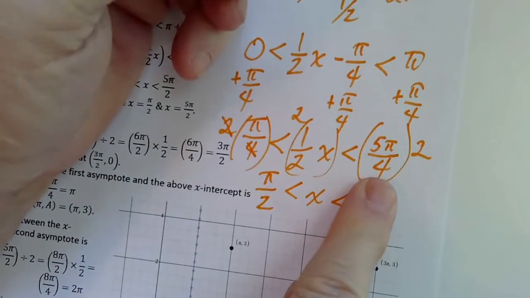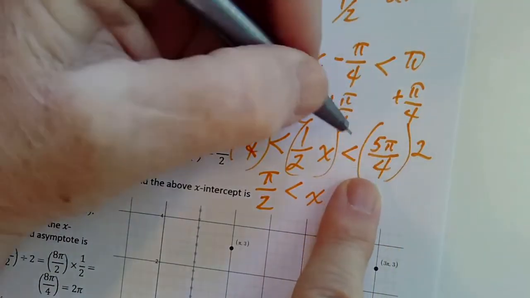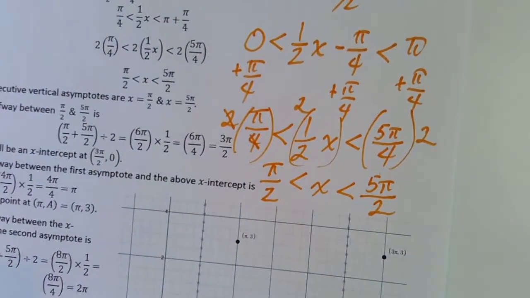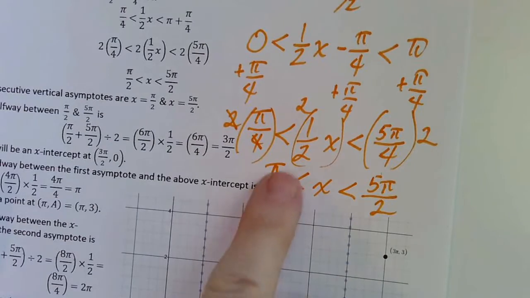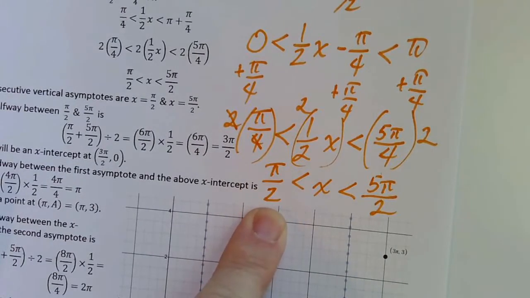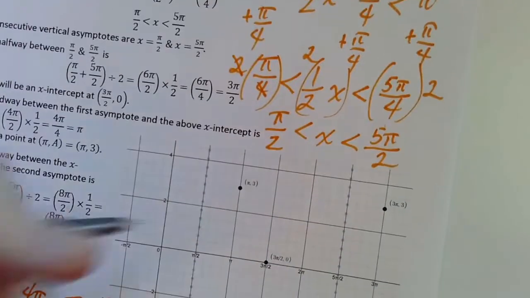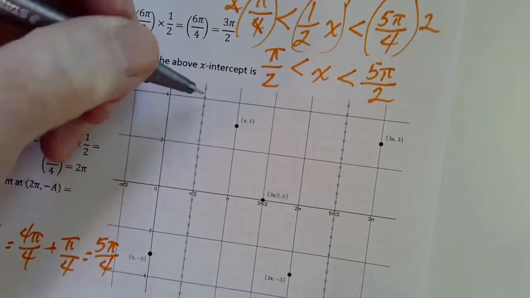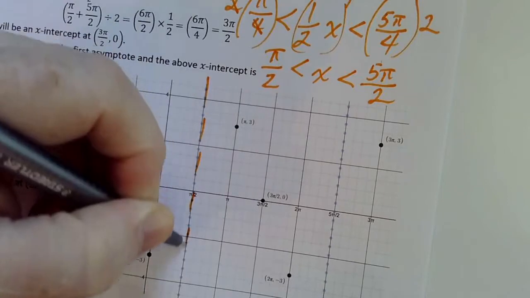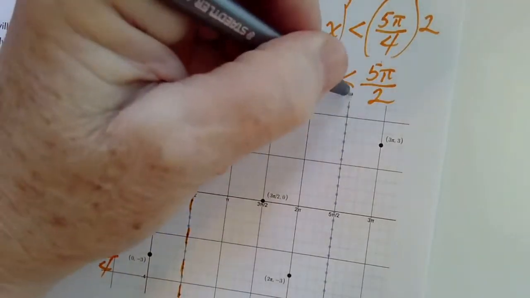And on the right, we're going to get 5 pi over 2. That means my vertical asymptotes will be at x equals pi over 2 and x equals 5 pi over 2. So let's see. Here's pi over 2, and here's 5 pi over 2.